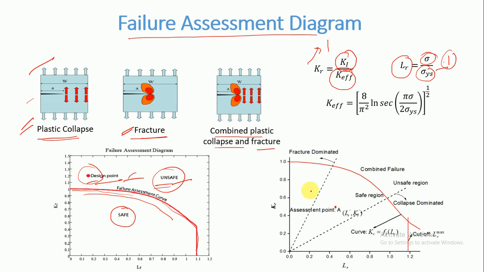In this failure assessment diagram, if the failure is fracture dominated, that means the Kr value is nearer to 1, and if the failure is plastic collapse dominated, the Lr value is nearer to 1. In that way, we can get the failure assessment of a component of a mechanical deformation system.